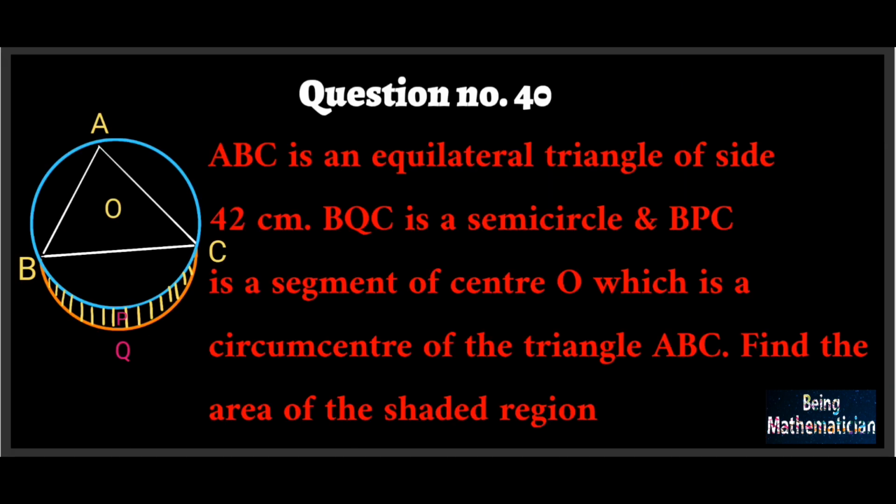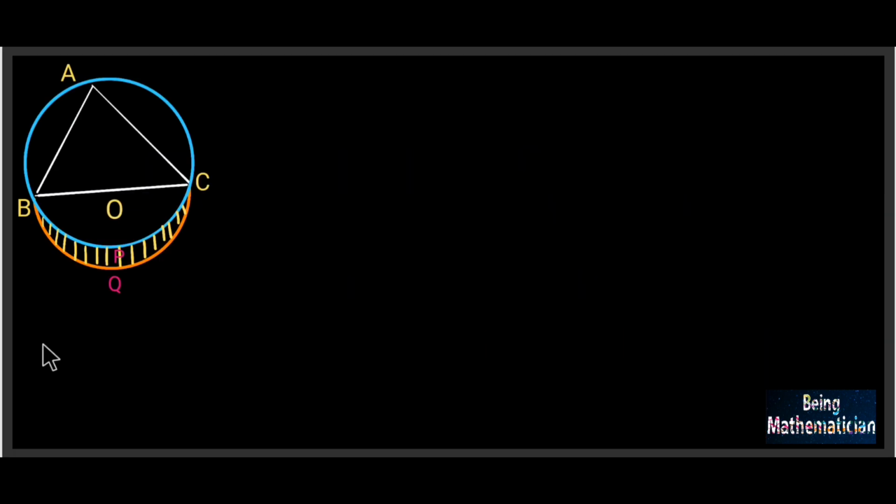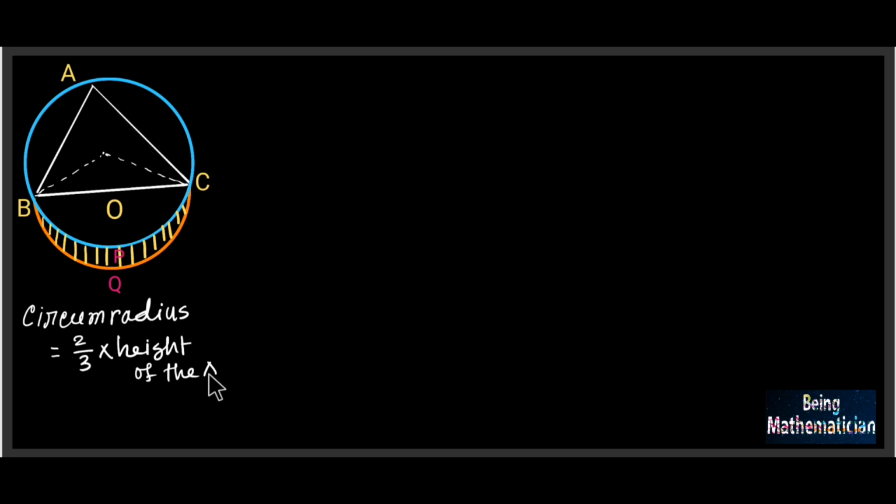Question number 40. We know that the circumradius of the triangle is 2/3 of the height of the triangle. So circumradius is equal to 2/3 of the height of the triangle ABC.